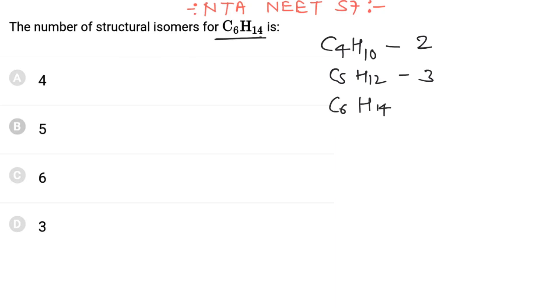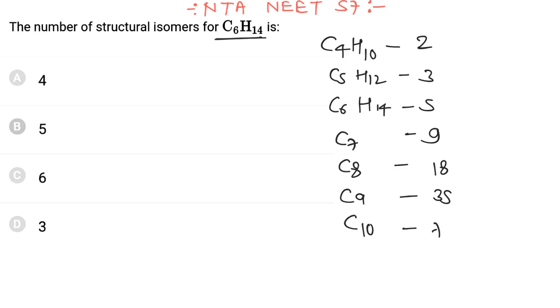From C6H14 we can draw 5 structures. From C7 we can draw 9 structures. From C8, 18 structures. From C9 we can draw 35, and from C10 we can draw 75 structures. So we can simply learn it, and from C6H14 we can draw 5 structures.